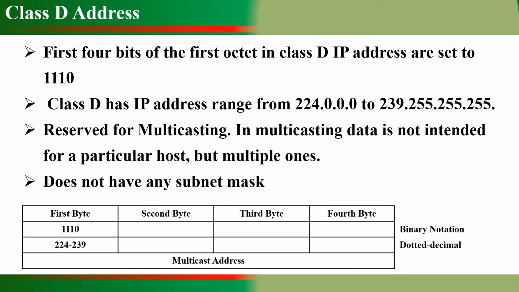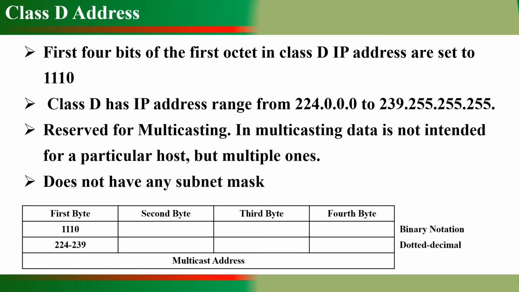Next is class D. Here first 4 bits of first octet are set to 1110. So if the 32-bit binary address starts with bits 1110, then IP address belongs to class D. Class D has IP address range from 224.0.0.0 to 239.255.255.255.